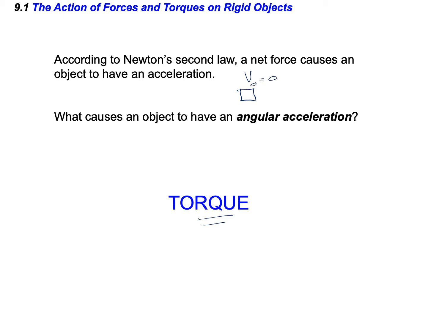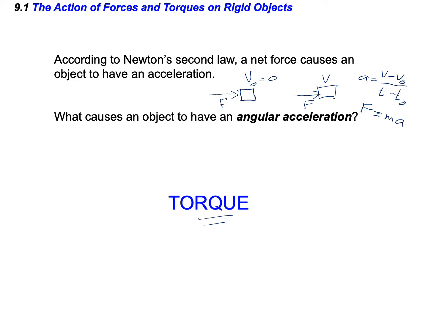If we apply a force, it starts to move, so then we have a speed. If the velocity changes, that means we have acceleration. Acceleration is v minus v naught over the time interval. If we have a force, we have acceleration: force equals mass of the object times acceleration.